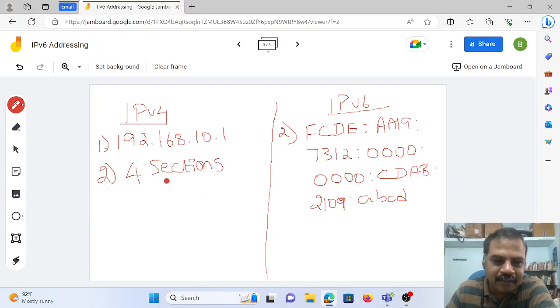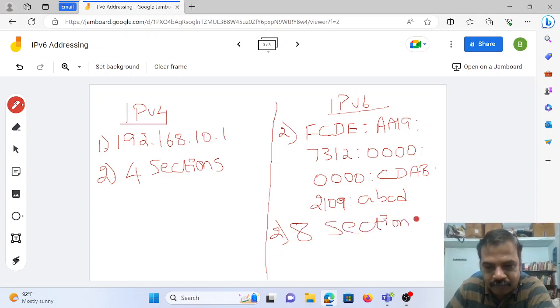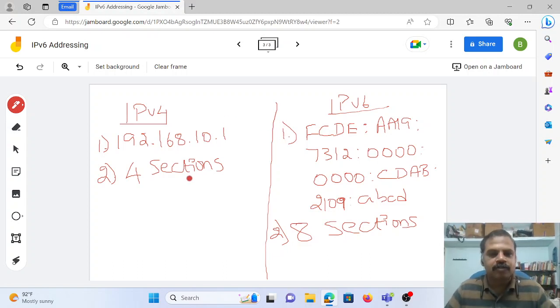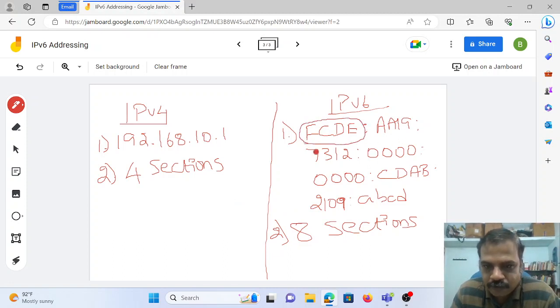Here you can see in IPv4 we have divided the IP address into 4 sections. In the case of IPv6 we have divided it into 8 sections: section 1, 2, 3, 4, 5, 6, 7, 8.